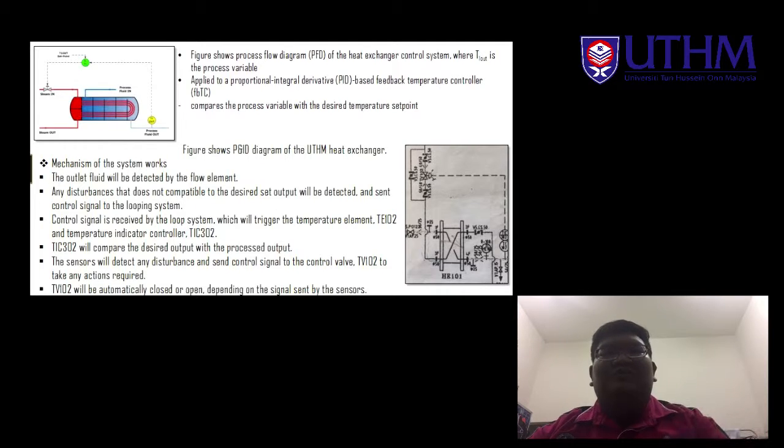TIC302 will compare the desired output with the process output. The sensor will detect any disturbance and send a control signal to the control valve TV102 to take any action required. TV102 will be automatically closed or opened depending on the signal sent by the sensor. That's all from my part. Thank you.